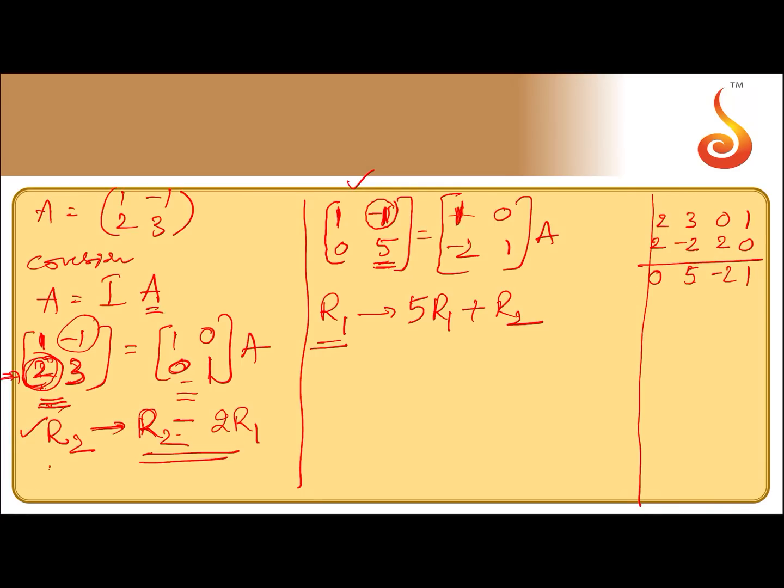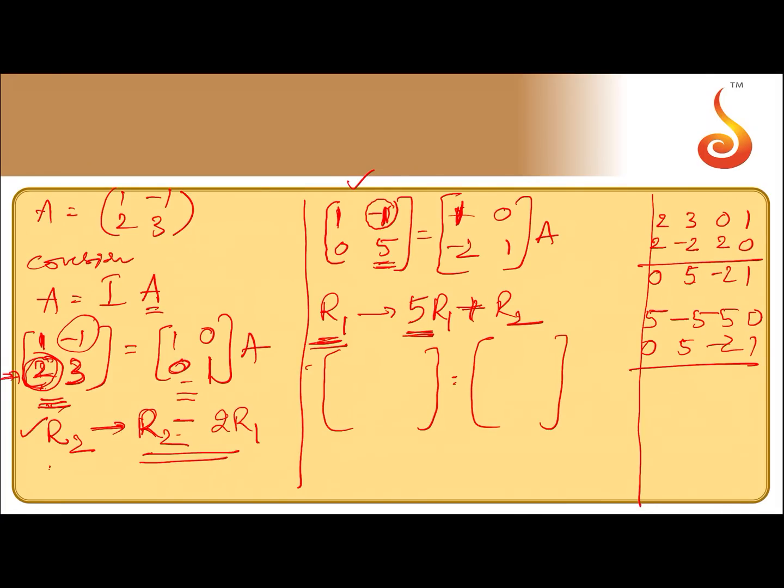Adding a scalar multiple of one row to another row is an elementary row transformation. So 5 times R1 means 5 into 1, 5 into minus 1, 5 into 1 and 0, and adding R2 elements 0, 5, minus 2, 1.